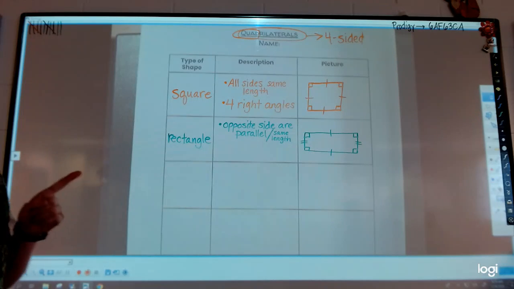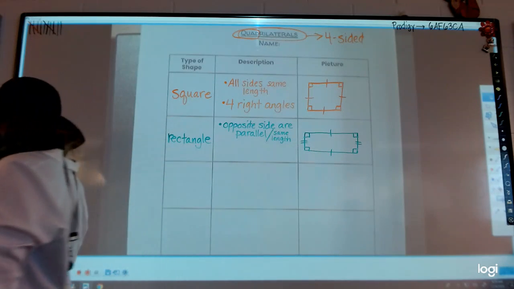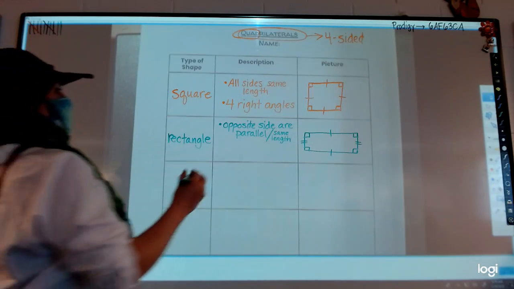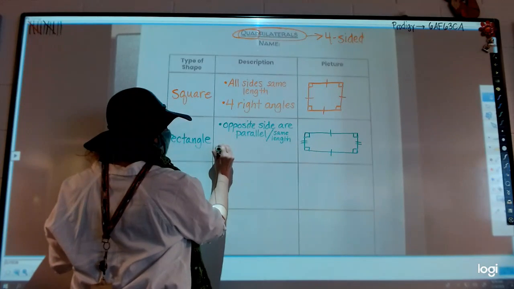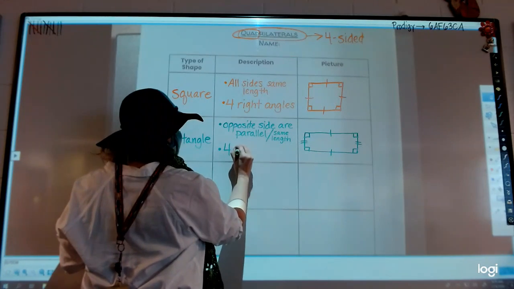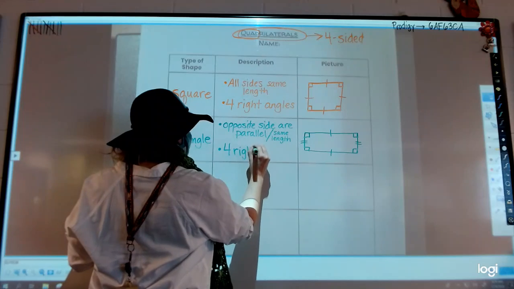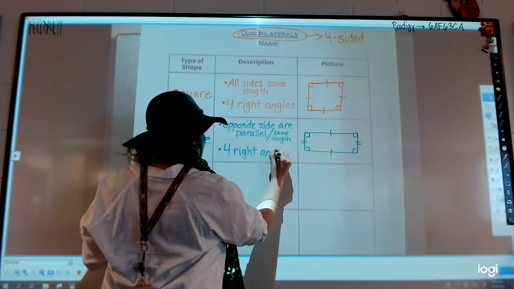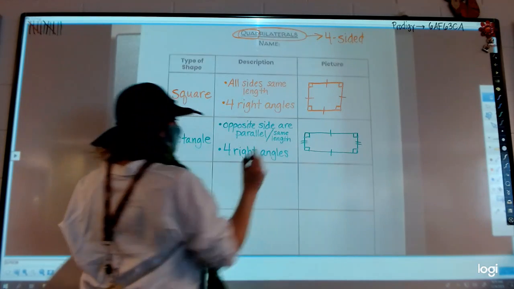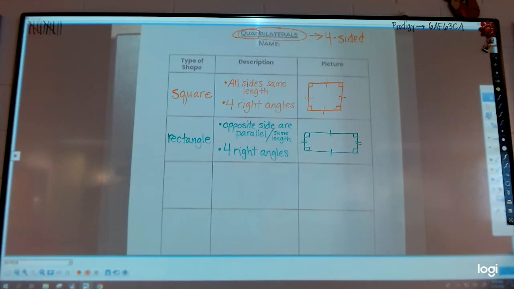So that's the first thing that makes a rectangle a rectangle. And the other thing, 4 right angles, just like a square. And that's our rectangle. I'll give you a moment to get caught up on that.